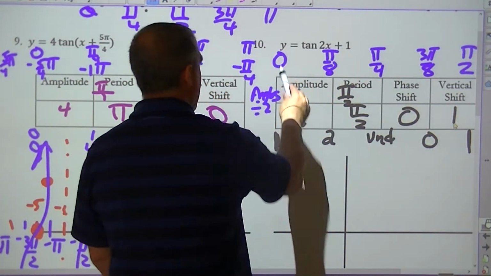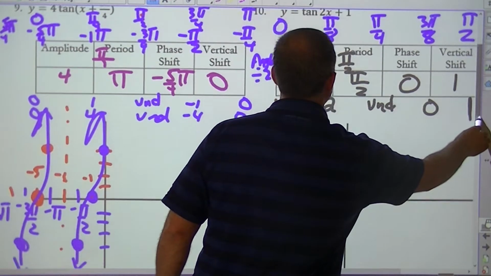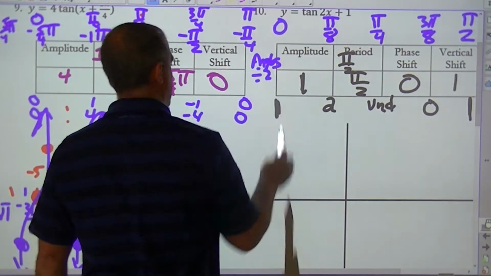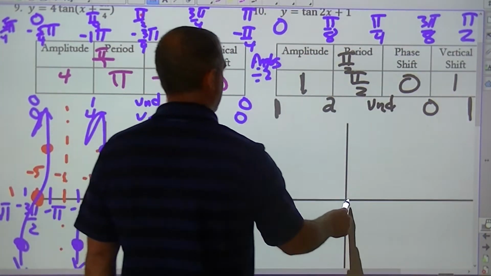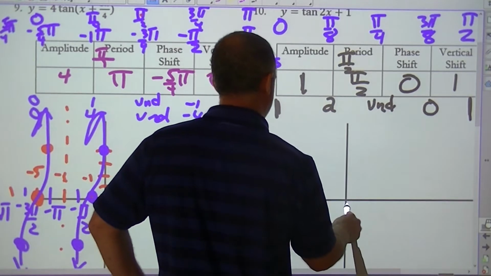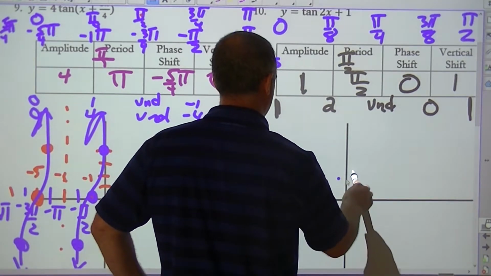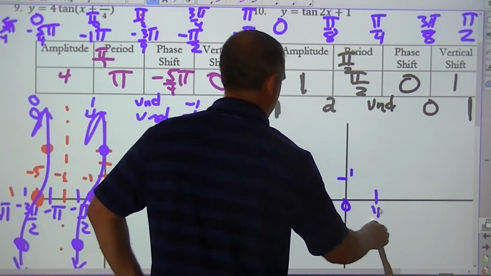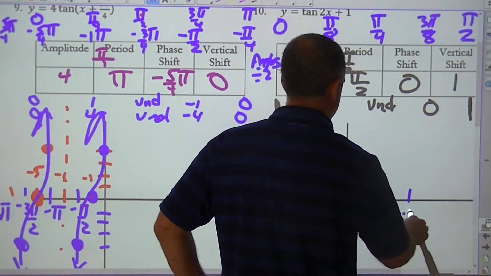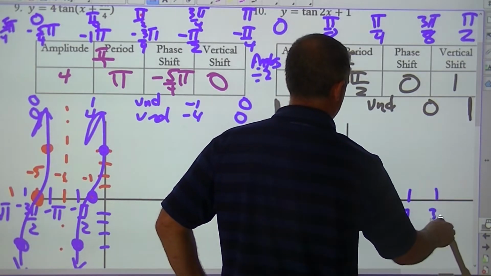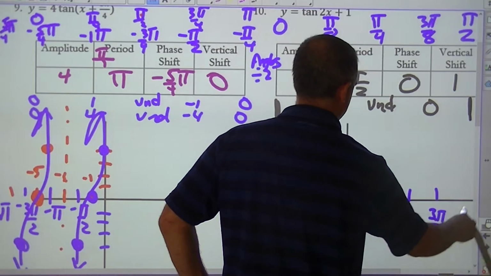Okay? So when I go to graph, I'm at 0, 0, 1. I got pi over 2, I've got pi, I've got 3 pi over 2, I've got 2 pi.